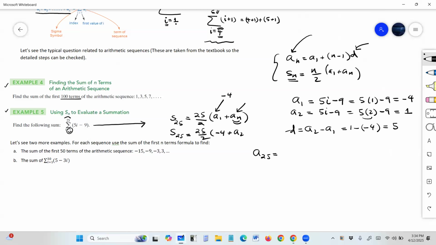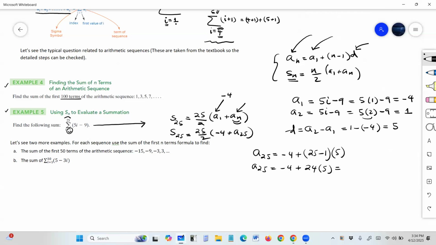And this is A25. So A25 is A1, according to this formula, which is -4, plus 25 minus 1 times the common difference. A25 is -4 plus 24 times 5.